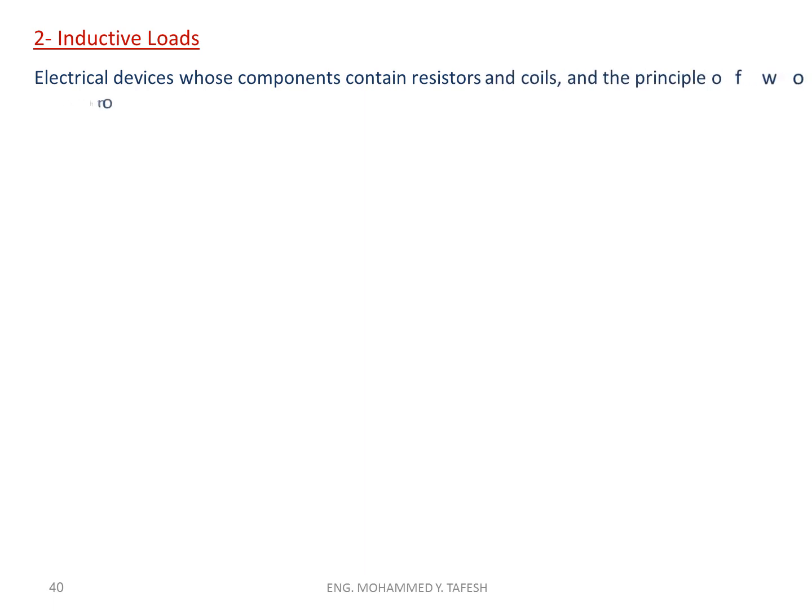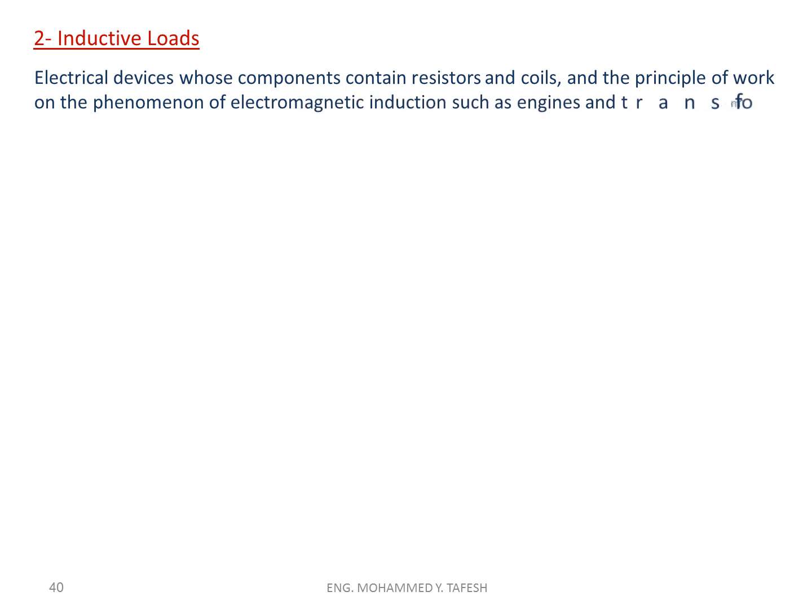The second type of loads, inductive loads. These are electrical devices whose components contain resistors and coils together, and the principle of work is based on the phenomenon of electromagnetic induction, such as engines and transformers.